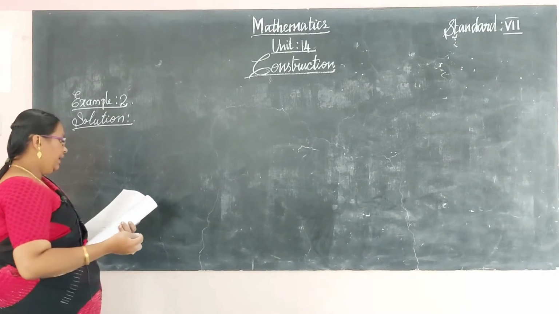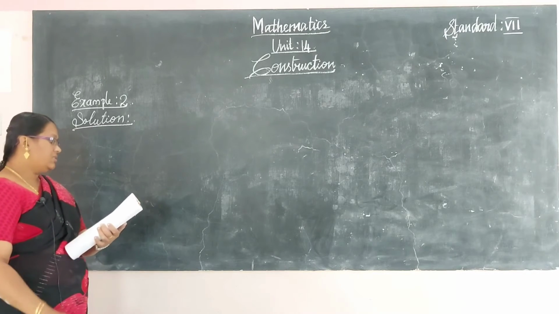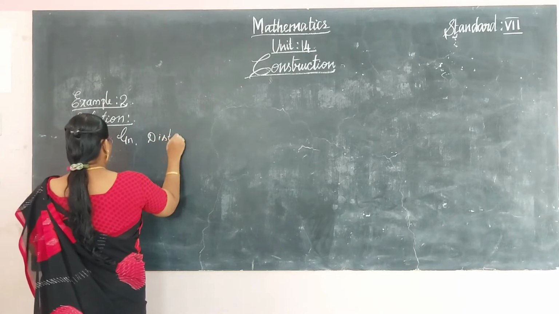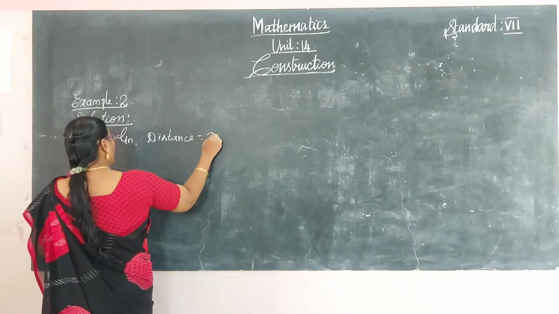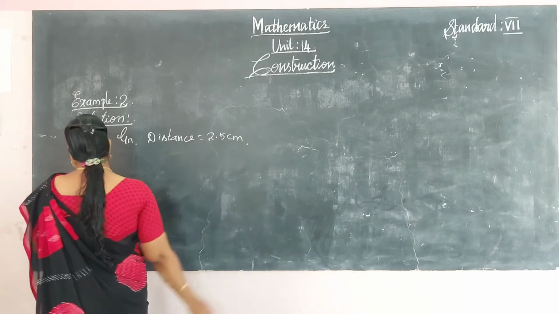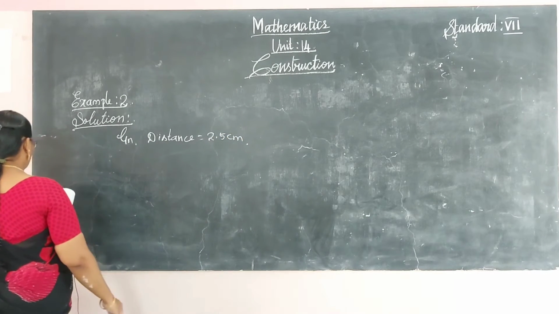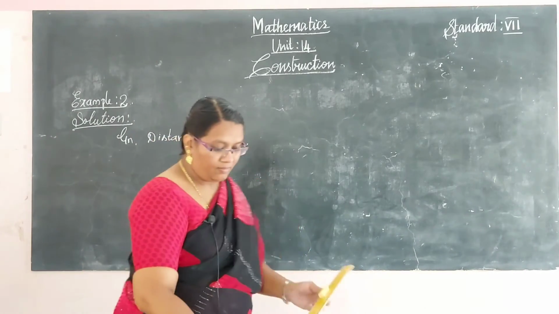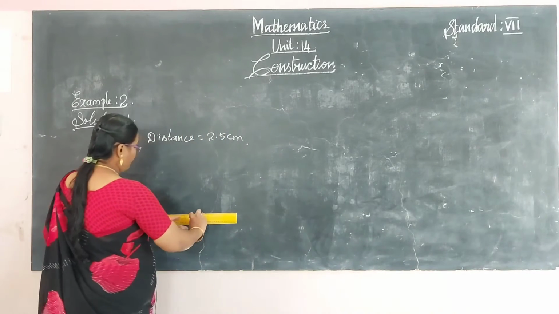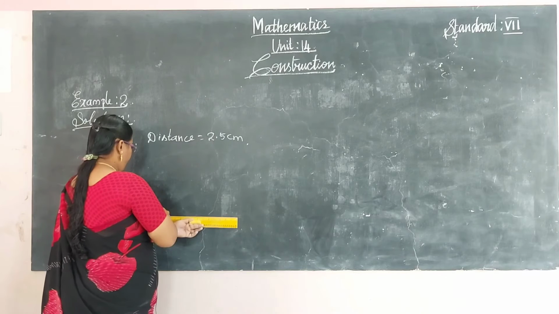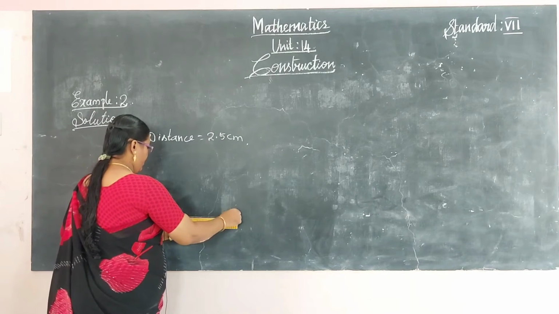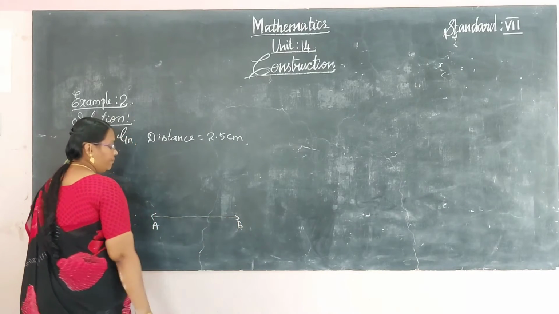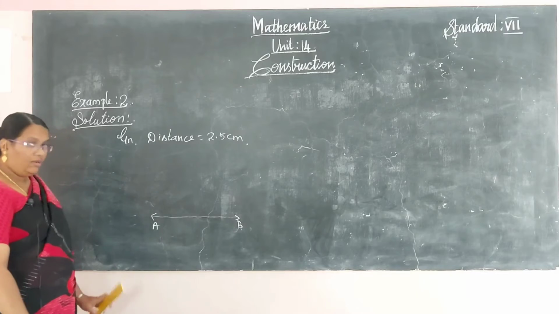Draw the line CD parallel to the line AB at the given distance, which is equal to 2.5 centimeters. First draw the line AB. Then the same procedure.